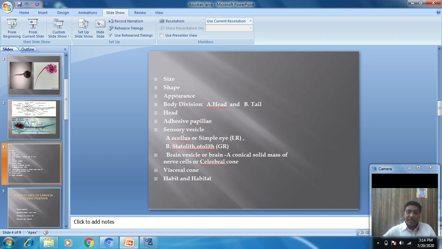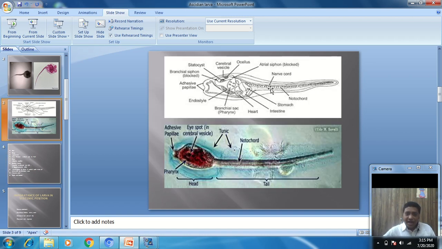So the sensory vesicle bears the ocellus as well as the statocyst. This point is called the ocellus, and this is the statocyst, which is enclosed in a chamber or capsule-like structure.